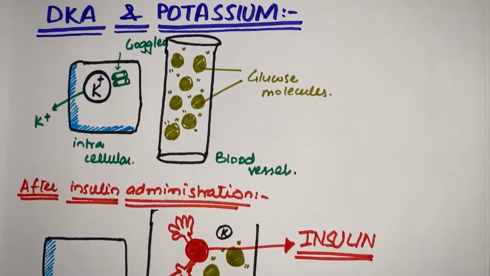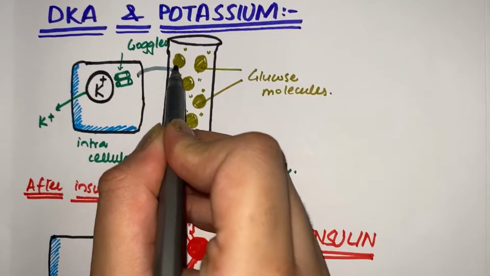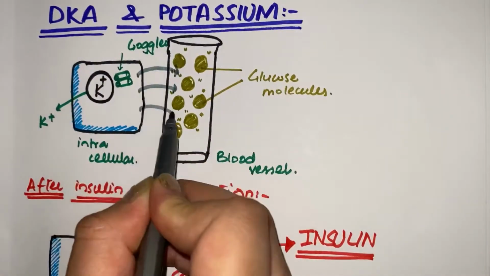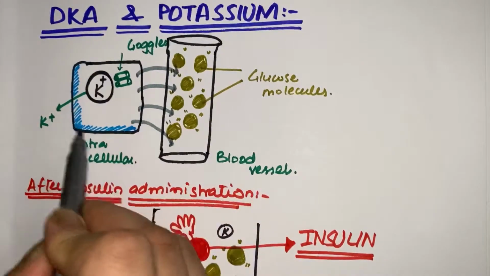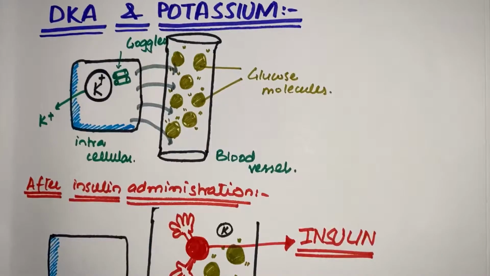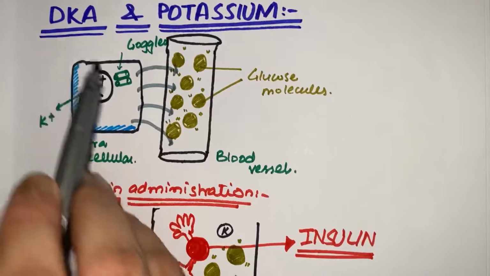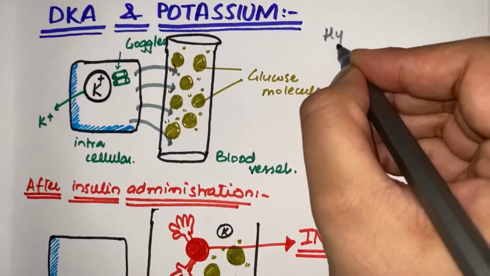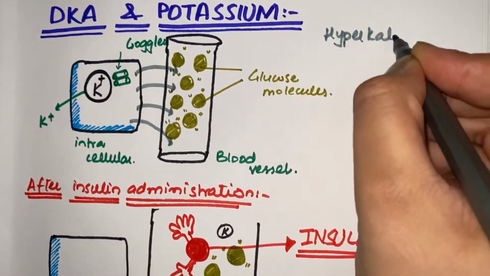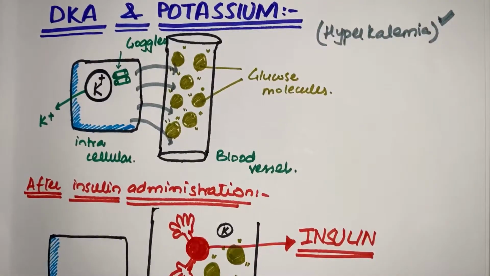So this potassium, along with many other molecules, will start to move out of the cell into the vessels. That is why a patient having DKA will have hyperkalemia, unless insulin is administered and the patient is treated.